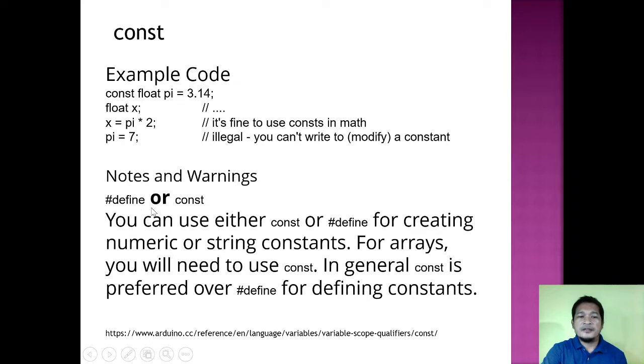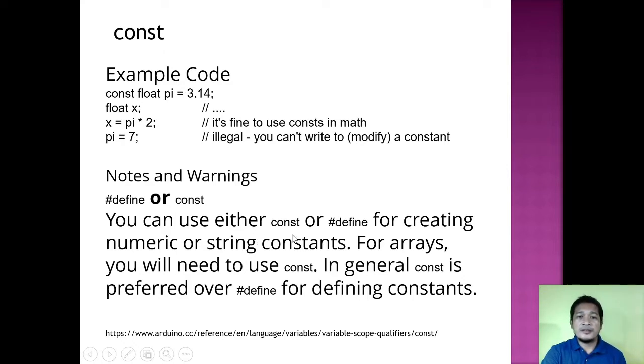Number sign define or const. You can use either const or number sign define for creating numeric or string constants. So numeric, for example pi, you can use it as equal to a number. This is a variable that we give a constant value.